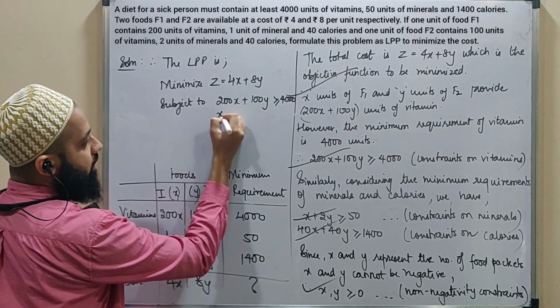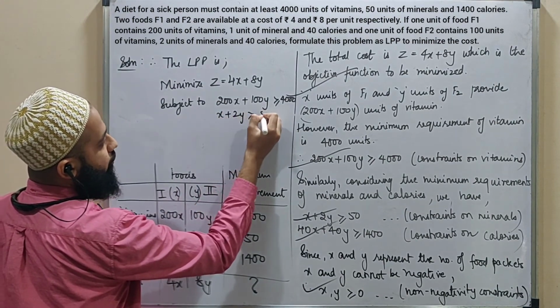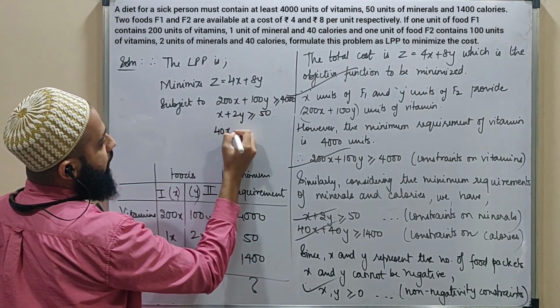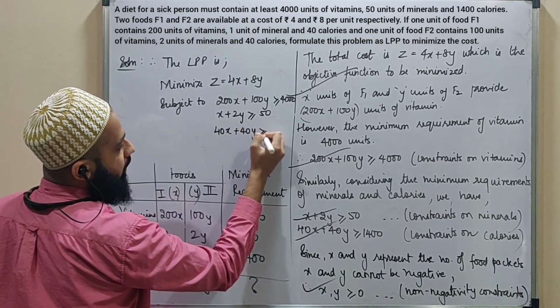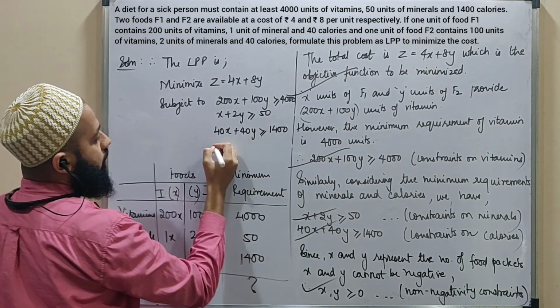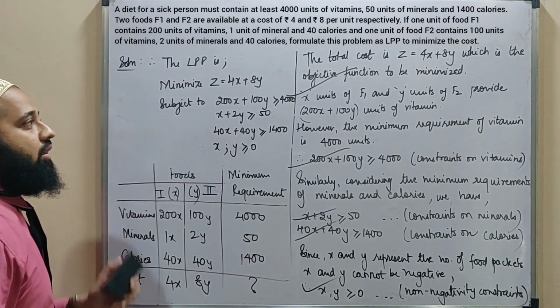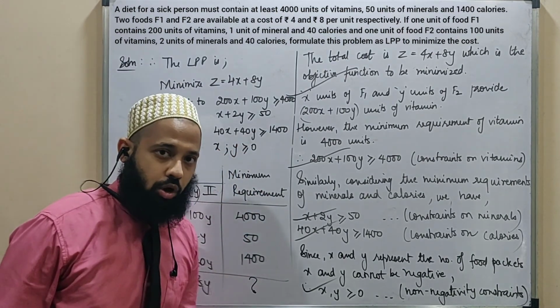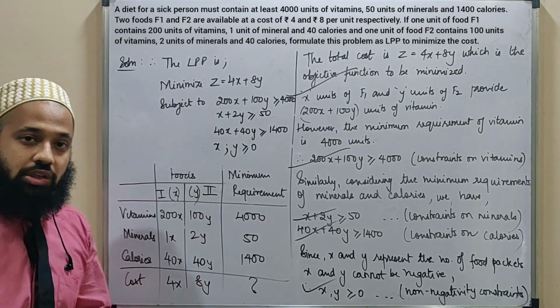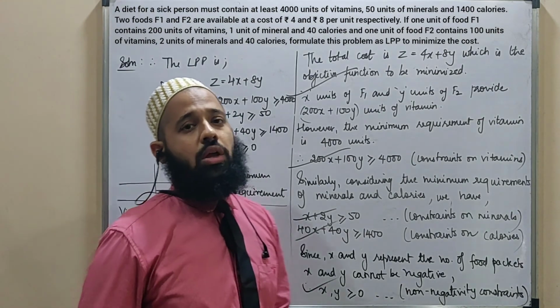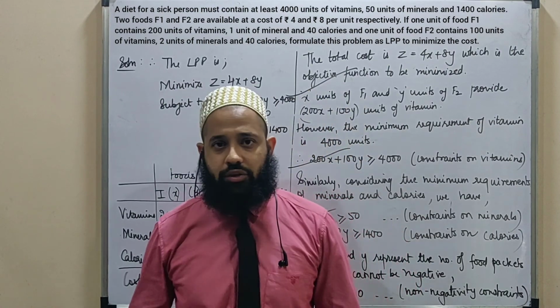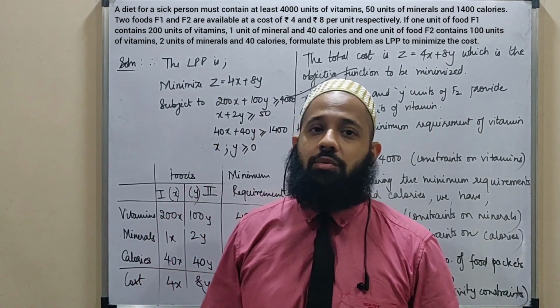We have x plus 2y greater than equal to 50. We have 40x plus 40y has to be greater than equal to 1400. We also have x and y to be greater than equal to 0. That's the end of the problem. We have completed step 6 and this is one standard problem related to diet that can be asked. More examples in the subsequent videos.